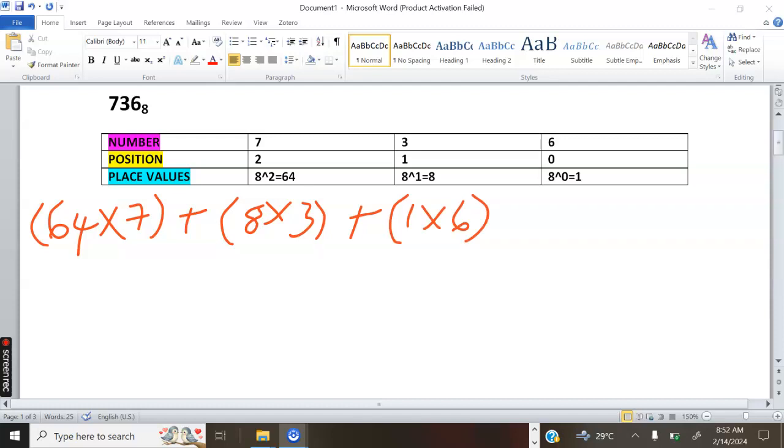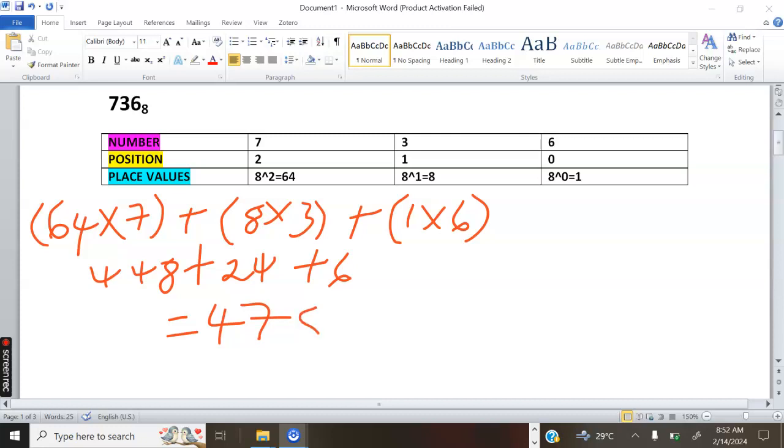So 7 multiplied by 64 should give us 448, plus 24 plus 6, which should give you 478 base 10.